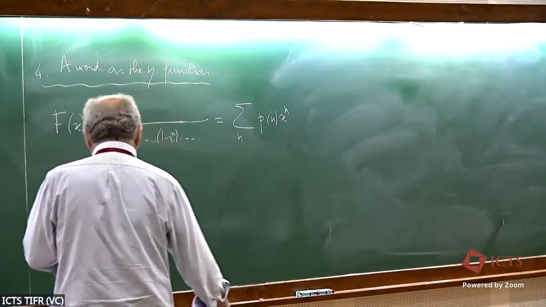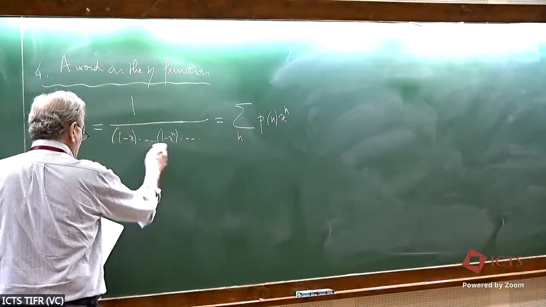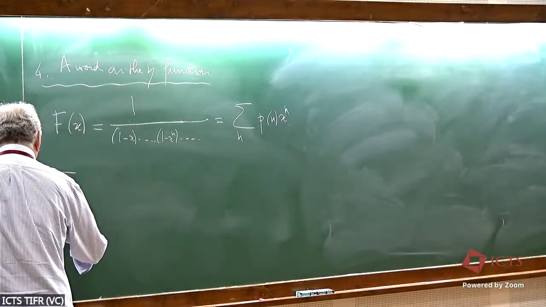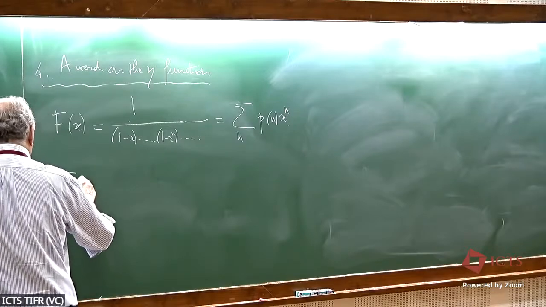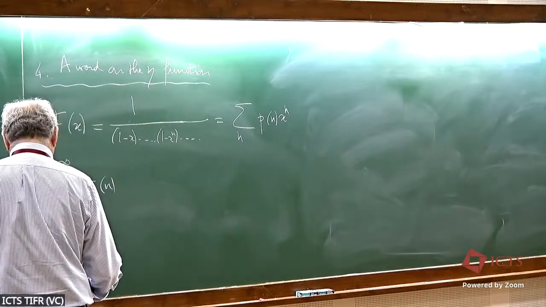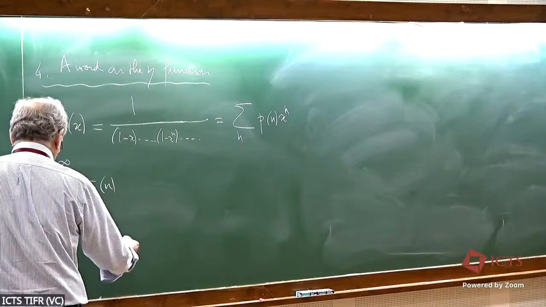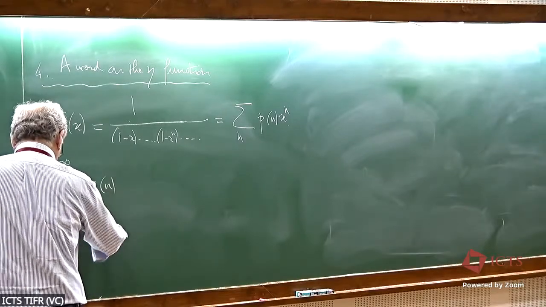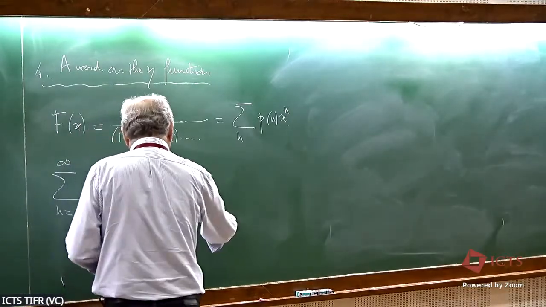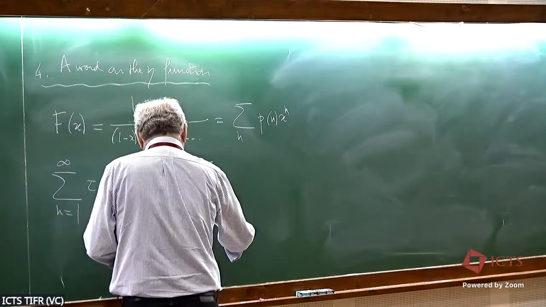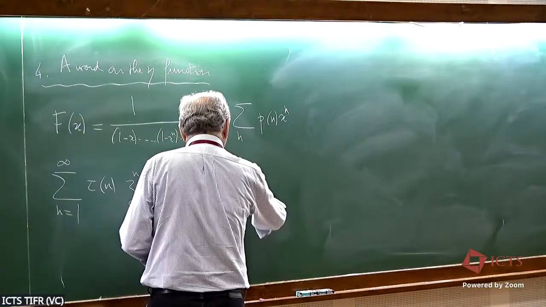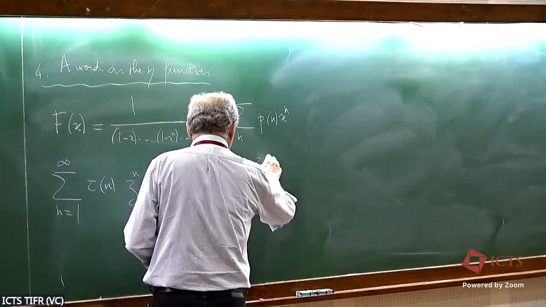Now you know the Ramanujan function, and you will recognize this. The tau function, the sum from 0 to infinity of tau of n z^n. Well, for 0, if you don't like, you put tau of 0 equal to 0. Because it is z times the product of 1 minus z^m to the power 24.